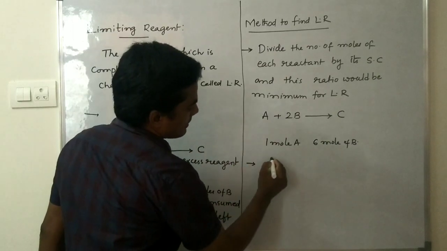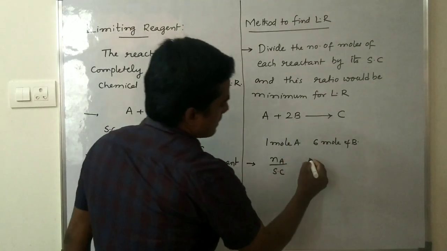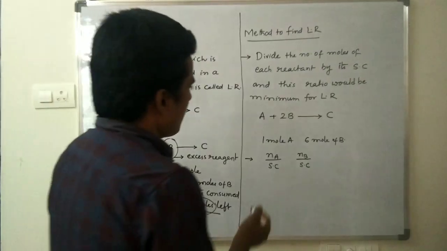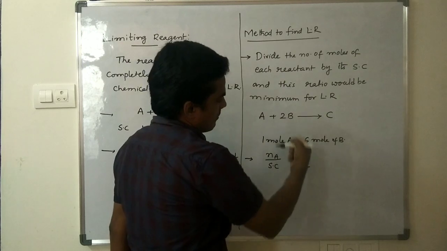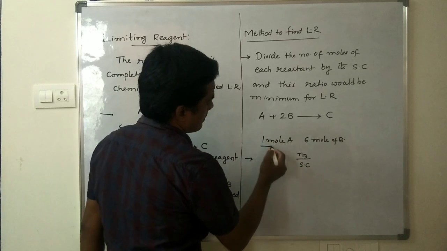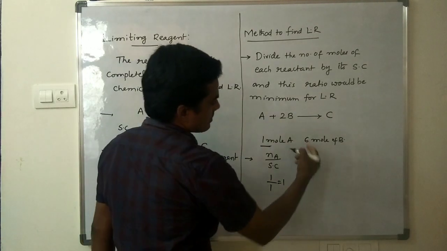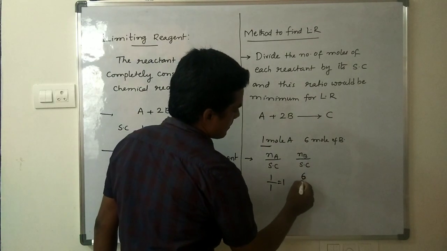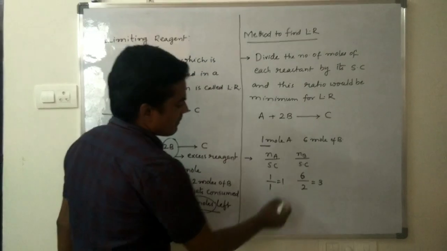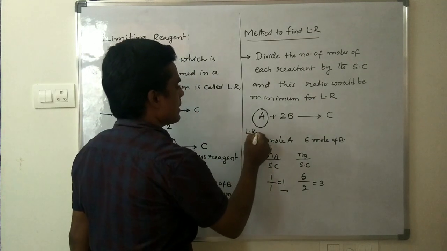Number of moles of A upon its stoichiometric coefficient, and number of moles of B upon its stoichiometric coefficient. So for A, 1 mole upon stoichiometric coefficient 1 is 1. For B, 6 moles upon its stoichiometric coefficient 2 is equal to 3. The minimum value is 1. Hence A is the limiting reagent.